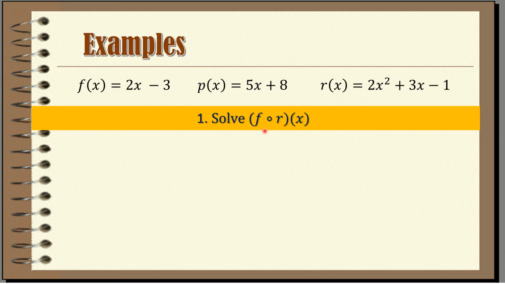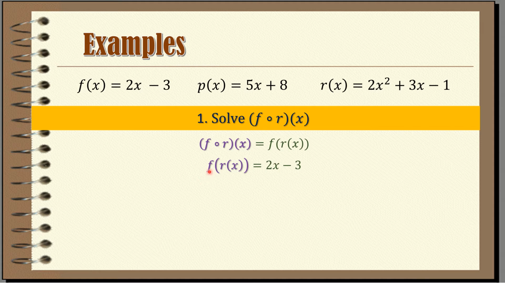So first thing to do is to define this composition. We have here f circle r of x is equal to f of r of x. And this one will be put on the left side of our second equation. So we have here f of r of x is equal to 2x minus 3. So we are going to write down the function of the first letter that we have on the left side of the equation.